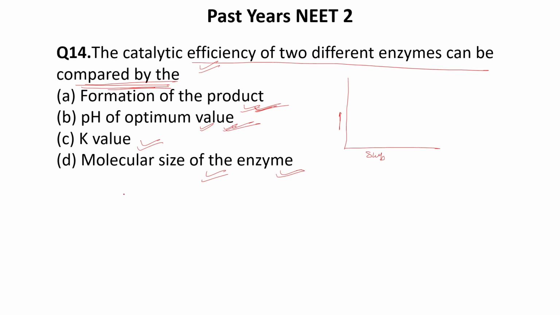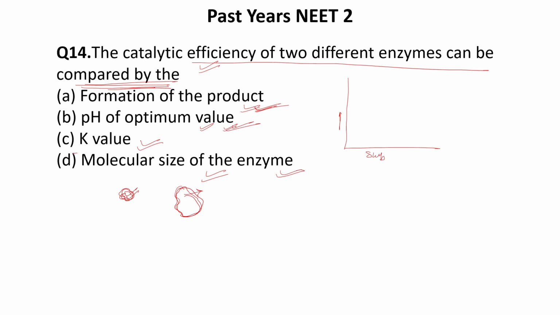Some enzymes have low molecular weight and some have high molecular weight, but the enzyme activity can be larger, and a large molecular weight enzyme can have low efficiency of activity.